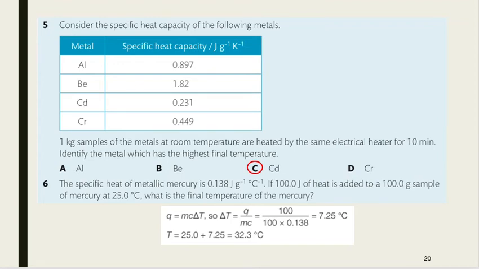Since the change in temperature is 7.25 degrees Celsius, and we initially started at 25, our final temperature is going to be 25 plus 7.25, which gets us to 32.3 degrees Celsius. Double check those sig figs for this problem.